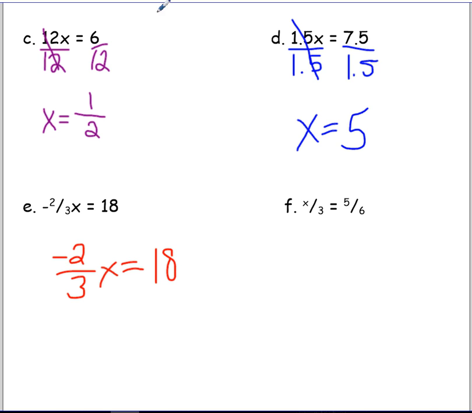I look at it as the -2, since it's on the top, is being multiplied, so I need to divide it and move it to the bottom. And at the bottom of a fraction, it's like dividing, so I'm going to change it and multiply. So that's what my brain processes as I flip my fraction to be able to multiply. And so this side as well needs to be multiplied by the same thing, 3 over -2. So let's go ahead and put the 18 over 1.